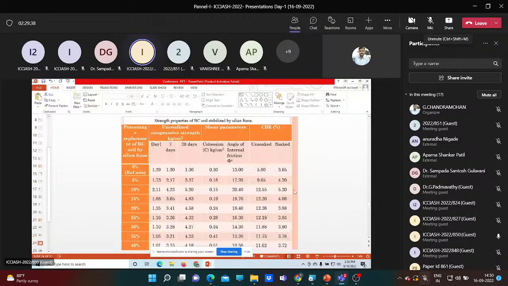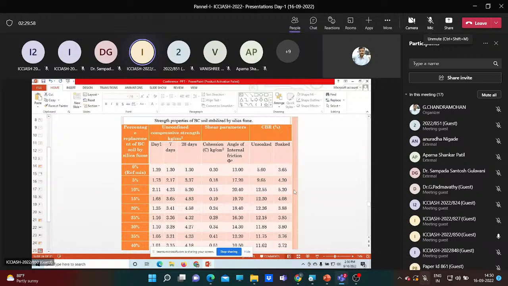So these are the strength parameters. The unconfined compressive strength for day 1, 7 days and 28 days of curing was studied. The shear parameters, cohesion and angle of internal friction, were obtained using the direct shear test, and the CBR test was conducted for both unsoaked and soaked conditions.